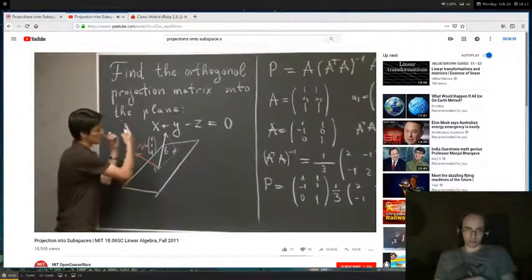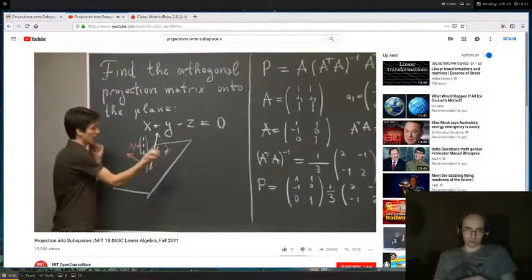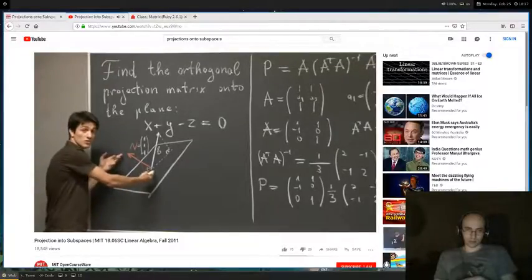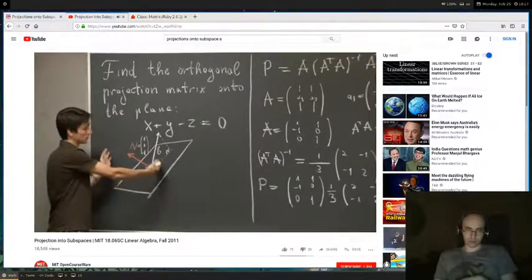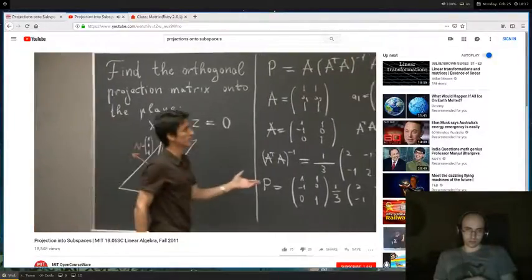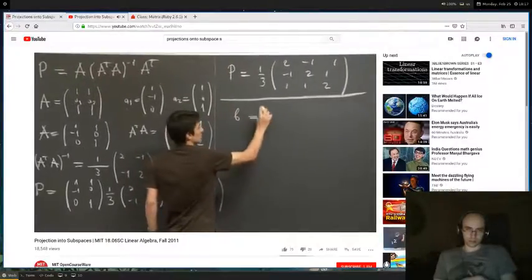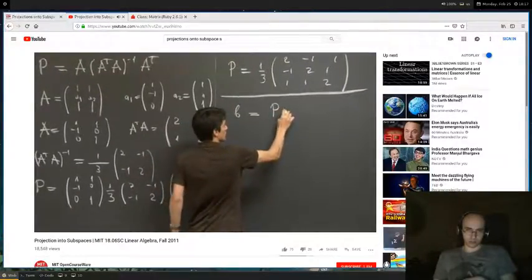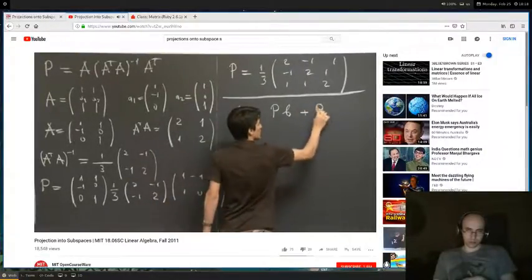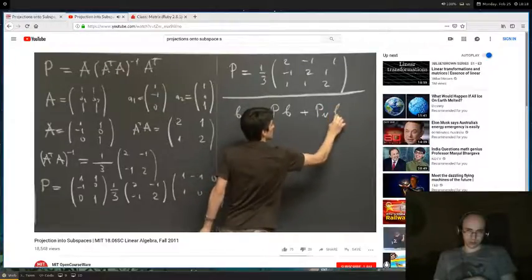The first component is this projection onto the plane, and the second, in this case, is the projection onto the normal vector to the plane. So in the language of linear algebra, this is just b equals the projection onto the plane plus its projection, we're going to call it Pn, onto the orthogonal complement of the plane.